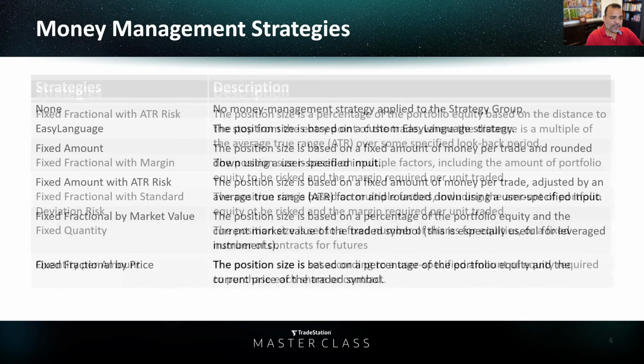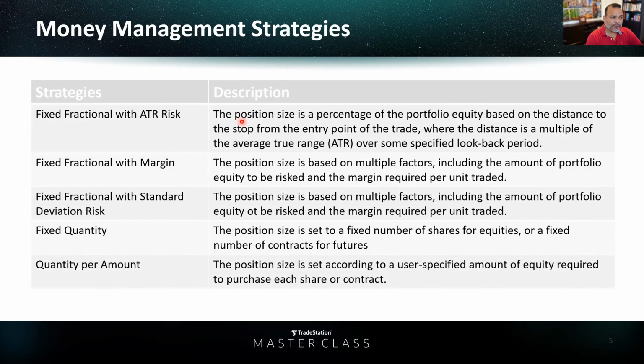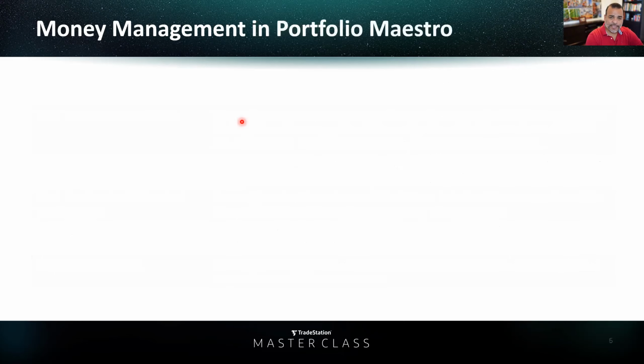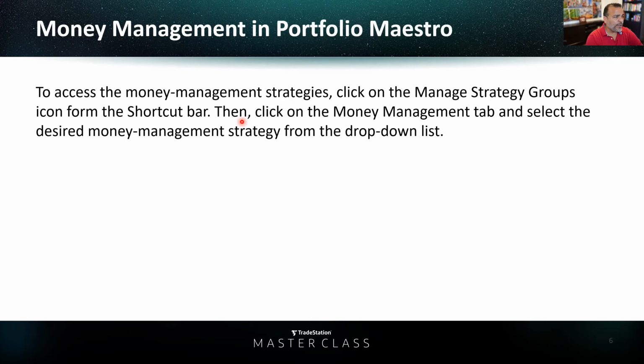And it continues on the second table: fixed fractional with ATR risk, fixed fractional with margin, with standard deviation risk, a fixed quantity. Well, fixed quantity is kind of the default, but you can also select it here as one of the money management strategies, and quantity per amount. Okay, so those are it. And we're going to take a look at a couple and see what effect it has on our portfolio numbers.